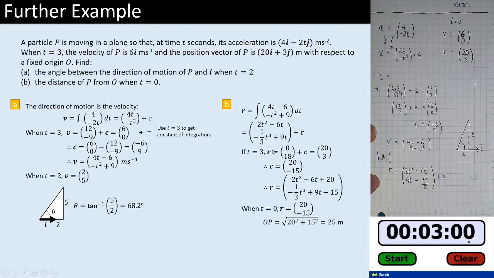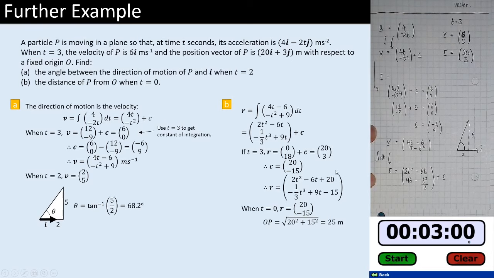If t equals 3, we get 0, 18 from this part of our vector, plus c, and that is equal to 20 and 3, which means that when we do this vector, the 20 and 3, take away this vector, the 0 and 18, we get 20 and negative 15. So our position vector for the whole thing is going to look a little bit like this.